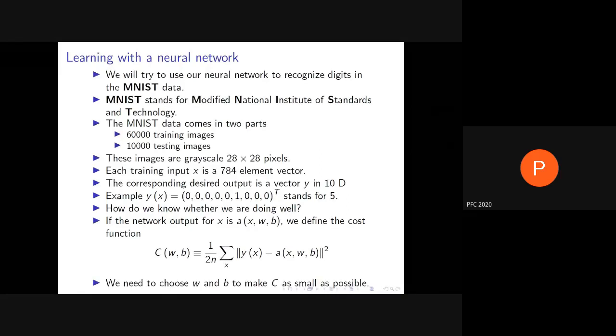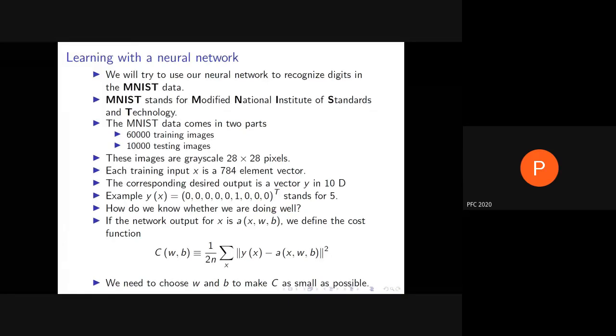And what we need to do is choose W and B, which of course, remember, is not one parameter each. There are a huge number of W's, a huge number of B's. You want to choose them to make C as small as possible. So that's the goal.